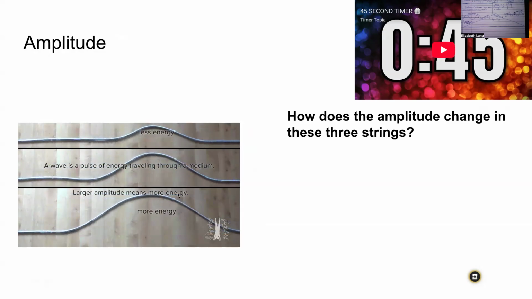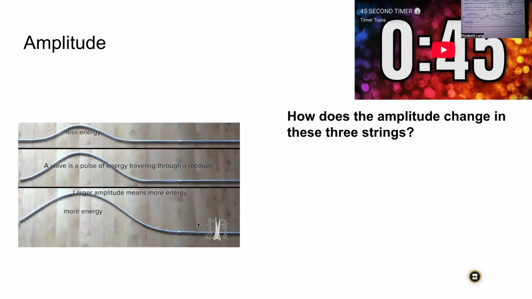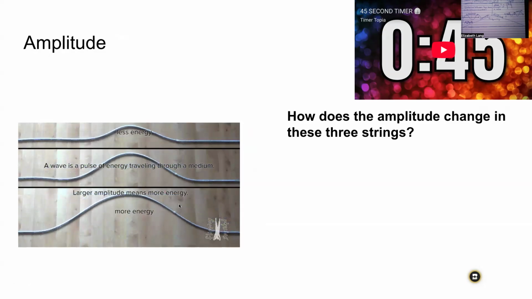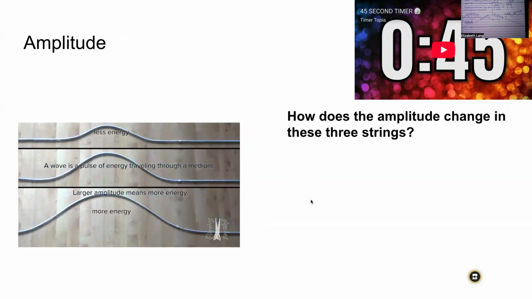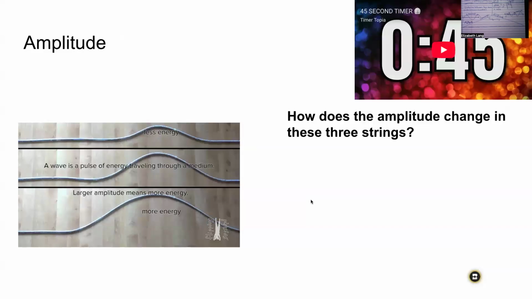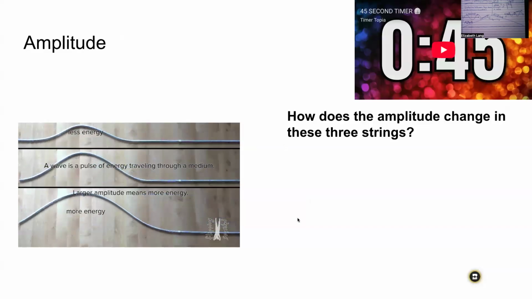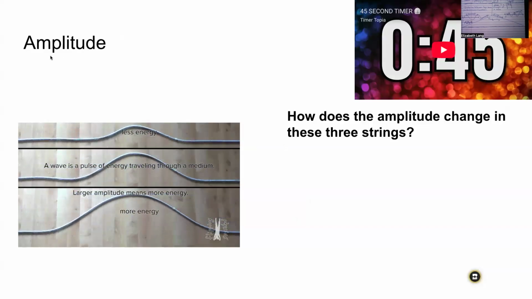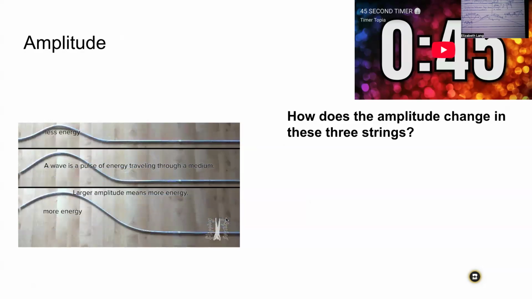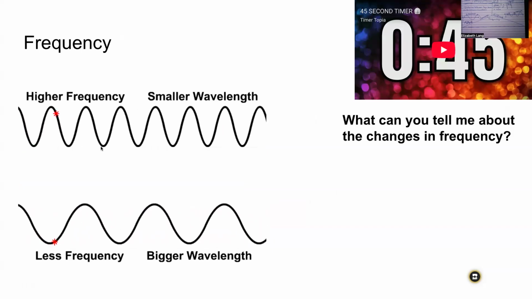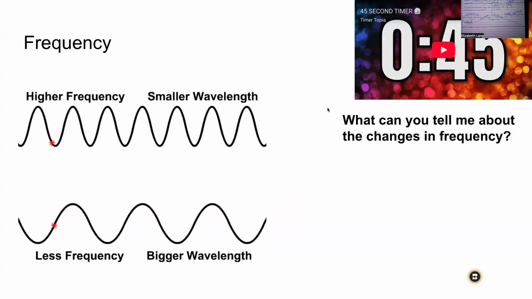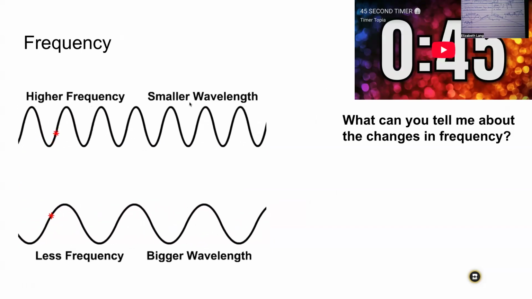Larger amplitude means more energy. Okay? More energy, more amplitude. Amplify, an amp amplifies sound. The amps in a car, the stereo system in a car, they are amplifiers. Amplify is to make louder. Bigger energy. Okay, frequency. Frequency is the number of waves that pass in a specific time.